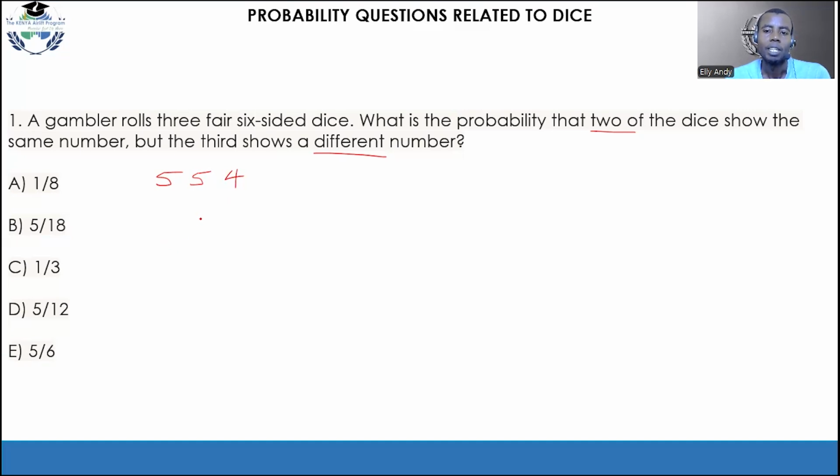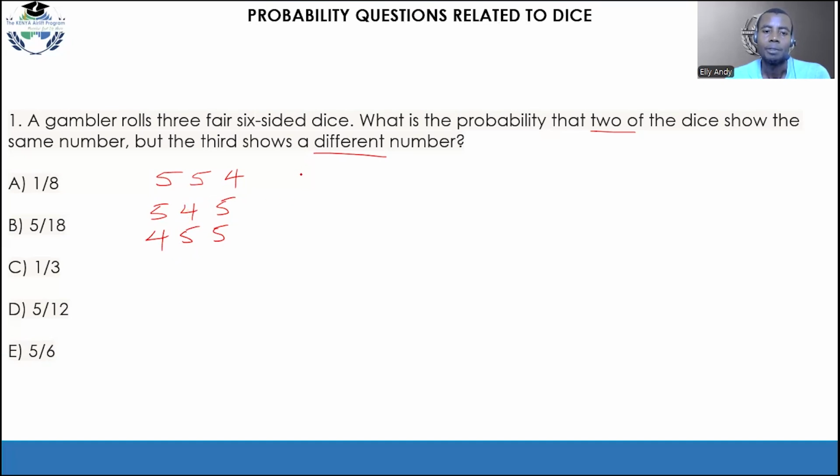But is this the only way we can have 2 dice showing 5 and a third one showing 4? It's not, because for example, we can also have 5, 4, 5, and 4, 5, 5. So for all of these, 2 dice have the same number, but the third one has a different number.